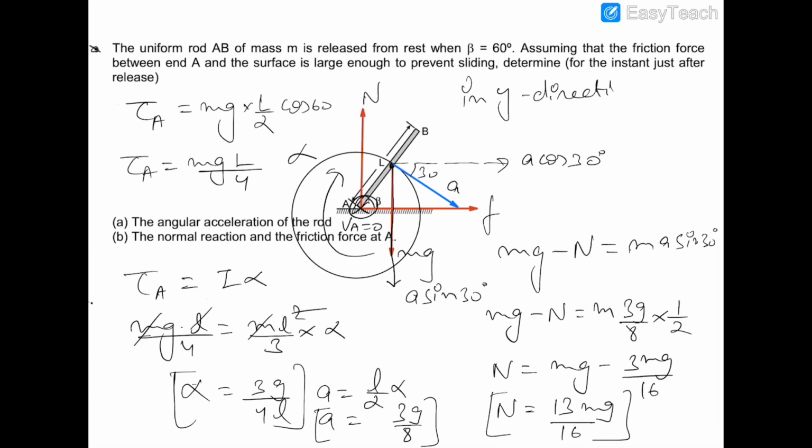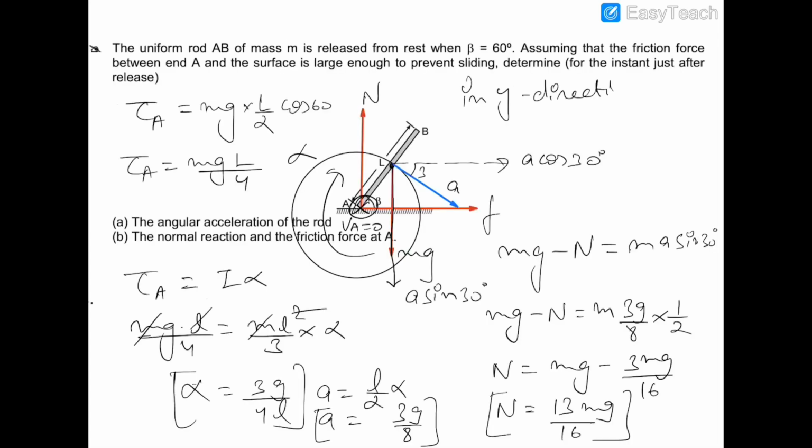And to find out friction, let us write down the equation in x-axis. So in x-axis, you can see that the only force acting in the forward direction is friction. So the equation would be friction will be equal to m into A cos 30.